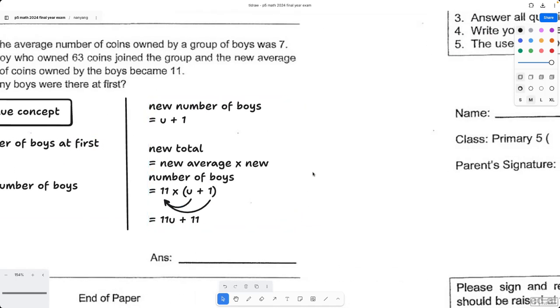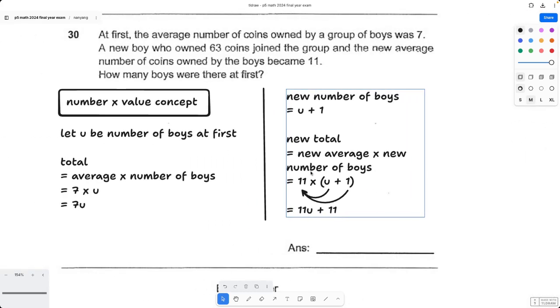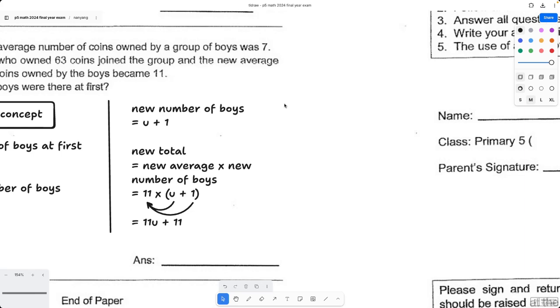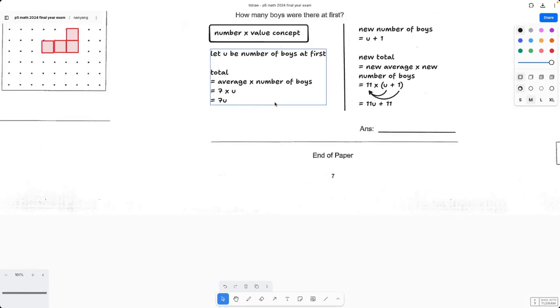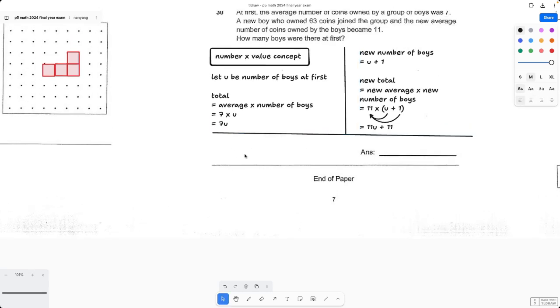Okay, so now what we can do is, I have no space but essentially I'm gonna put another line at the bottom, like that. In this case, 63. So total minus new total is equal to 63.